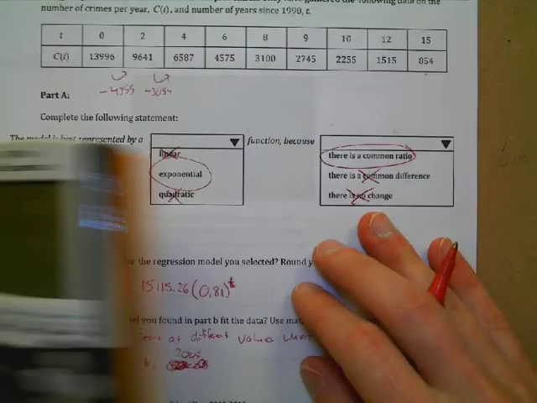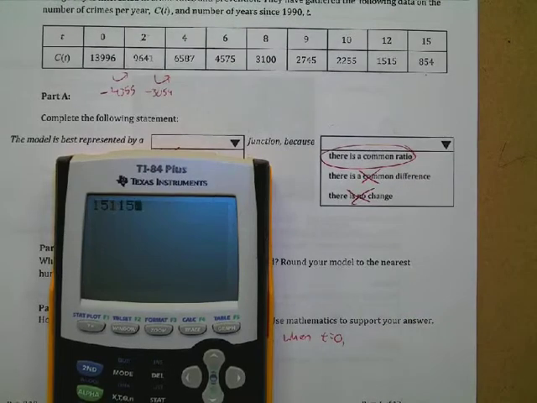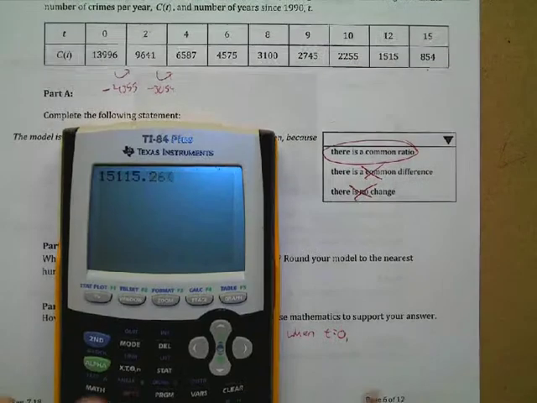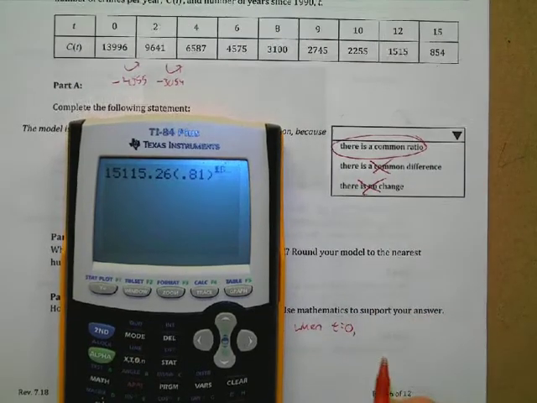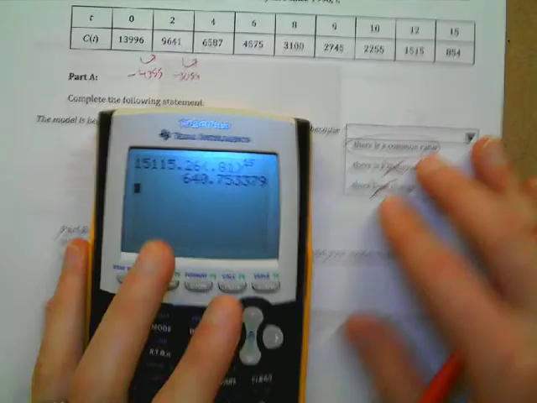So 15,115.26 times 0.81 to the 15th gives 640, and then the table says 854.